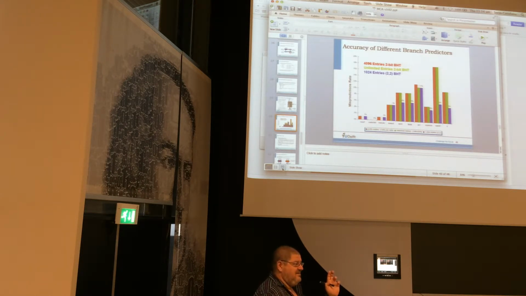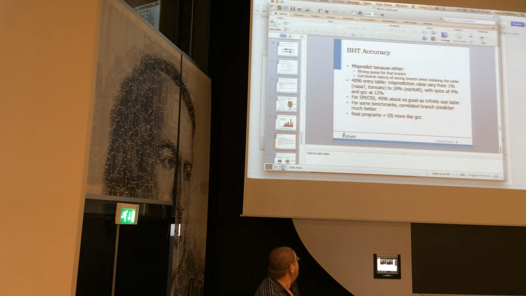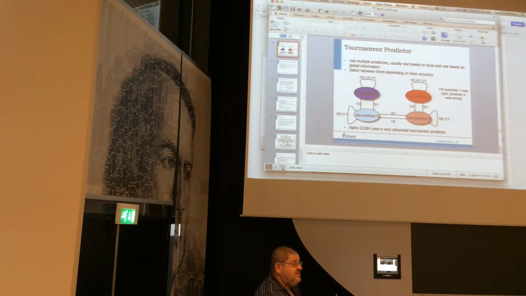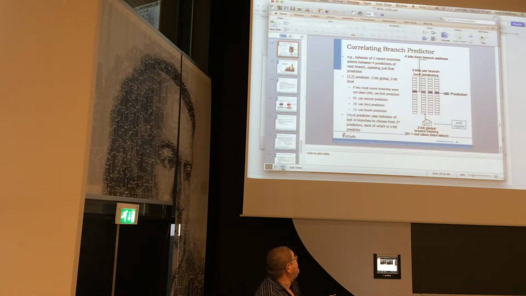No, that's the tournament. No, that was this one. That's 2,2. Then I have 4 predictors, and each predictor will be chosen depending on how the previous 2 branches were doing. Like in this case, the previous branches were 0, 1, not taken. Then I look at this one, and that will give me the prediction.